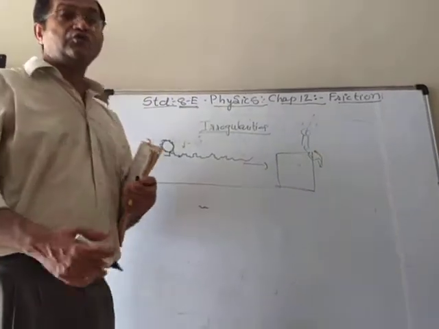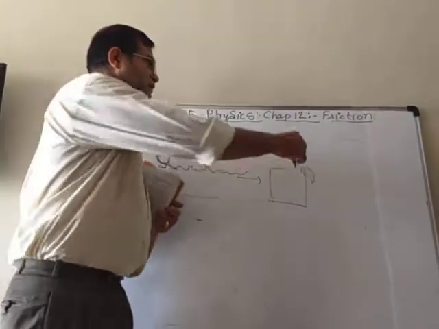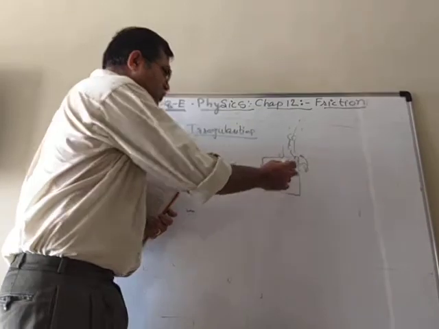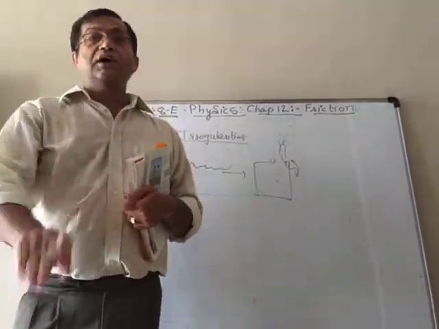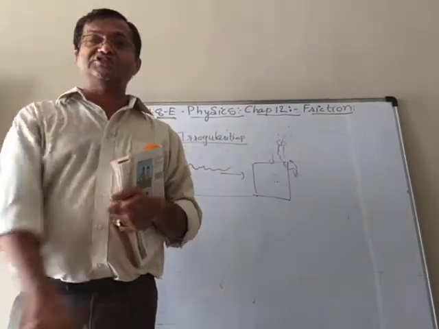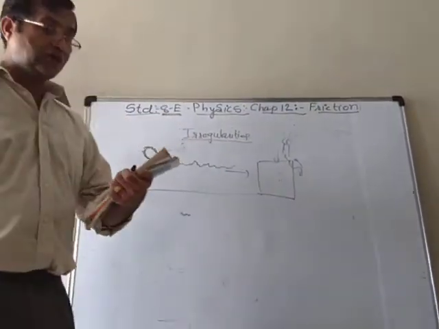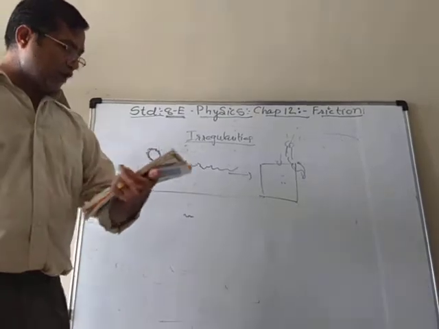Obviously, you have to apply more force, because the weight of this person is also affecting the force of friction. More weight, more friction. It means that it depends on the mass of the object also.